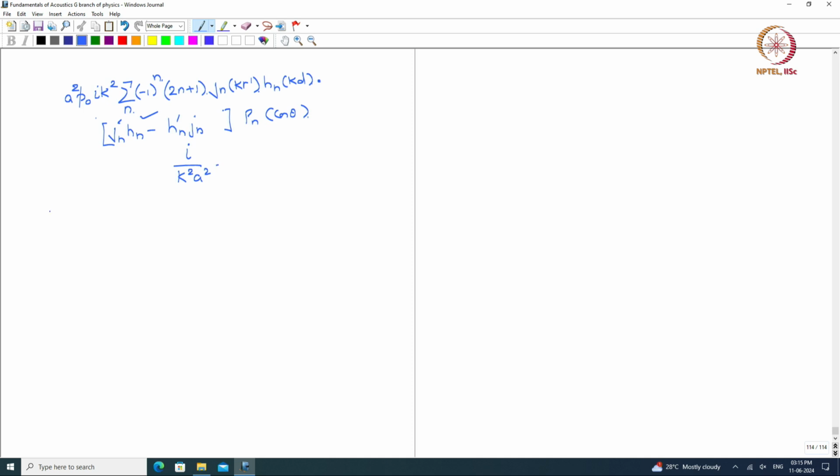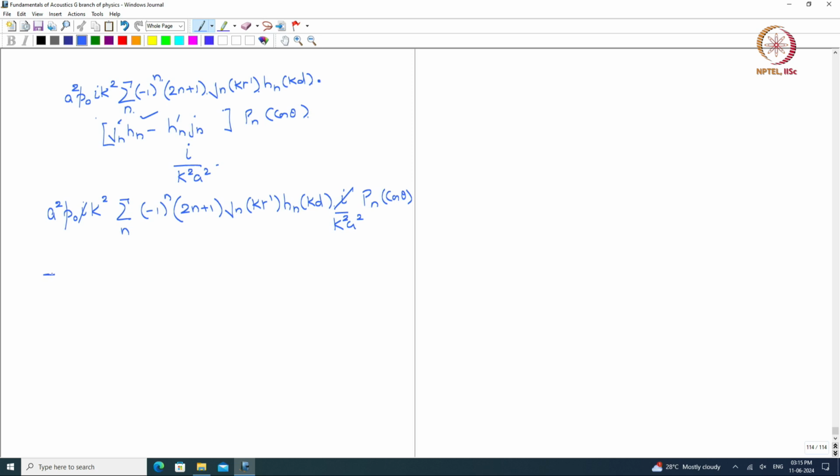So what do we have now? a square p0 I k square, summation over n, minus 1 to the power n, 2n plus 1, jn kr dash hn of kd into I by k square a square, Pn of cos theta. Then this I becomes I square, minus 1.